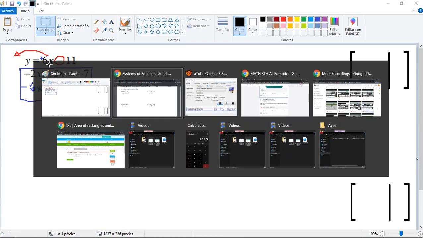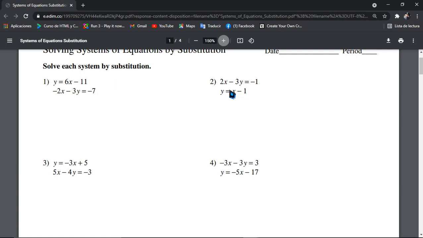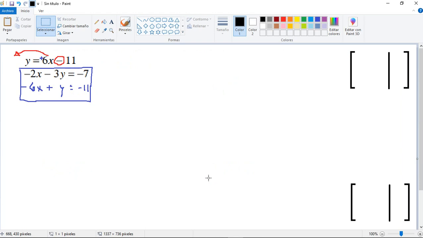If you see, in this one, the x is on the right side. In these four equations, you have to send it to the left side doing the opposite operation. So I want you to pause this video and do this step in equations 2, 3, and 4. All right.